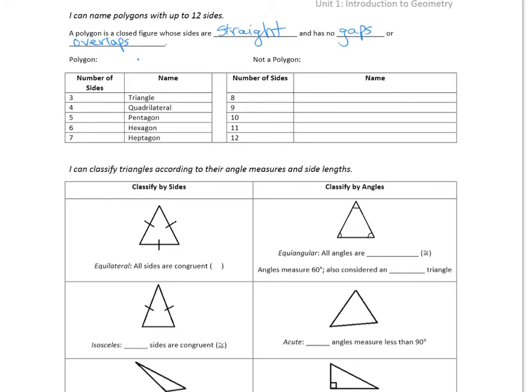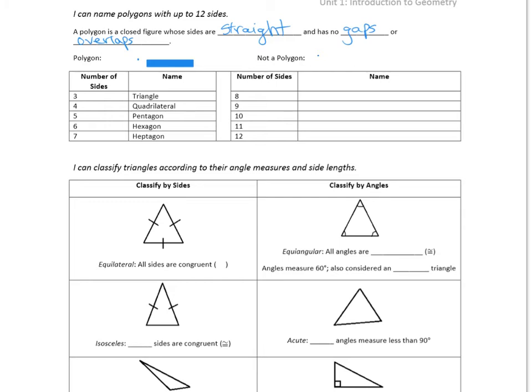That would be a polygon, right? But things that would not be a polygon: circles are not polygons. Anything that has a gap is not a polygon, or anything that has an overlap, not a polygon.